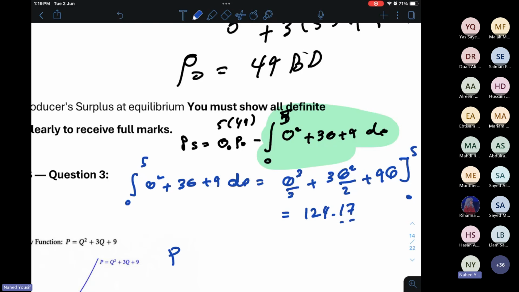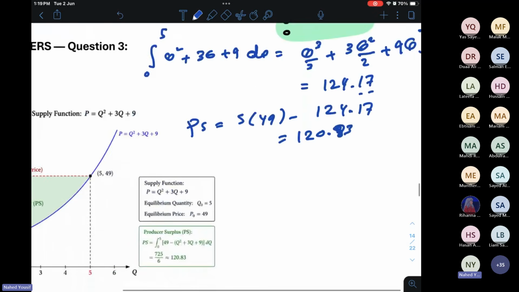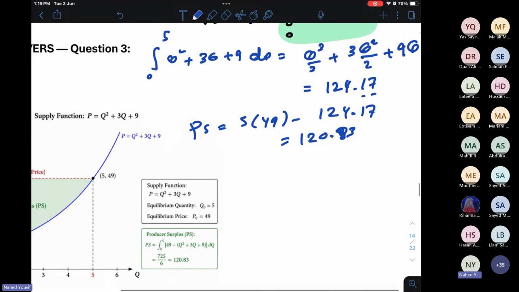So PS will be 5 times 49 minus 124.179, which will be 120.83. You should show the whole step, otherwise marks will be deducted. Is that clear? Is it clear?